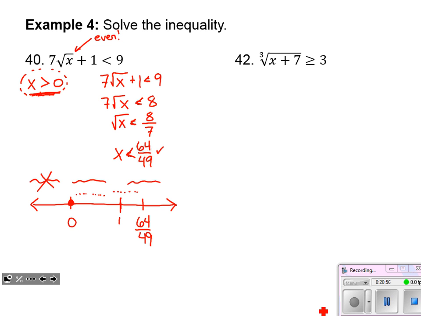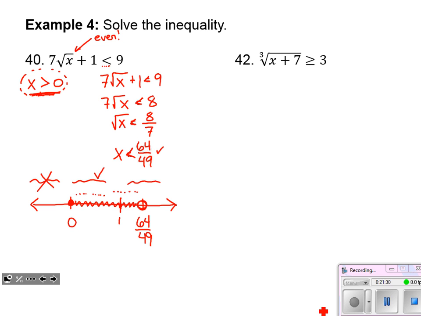And I know that at this value of 64 over 49, I had a less than symbol, so that gets an open circle on the number line. Kind of tying this idea into solving inequalities that you learned way back in Algebra 1. Now, what happens when I test a 1? If I plug a 1 into that, I get 7 times the square root of 1, which is 7, plus 1, which is 8, and 8 is less than 9. So this middle part actually works when I tested a 1. So I know I can shade that region.